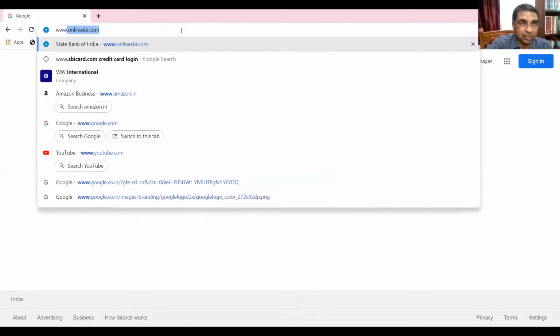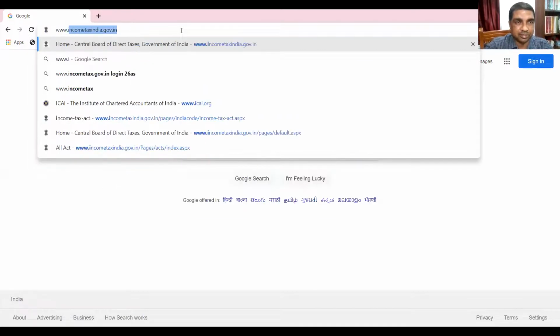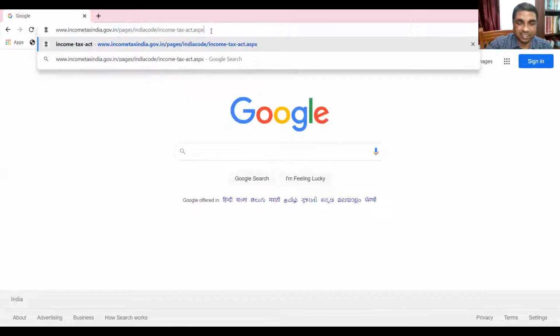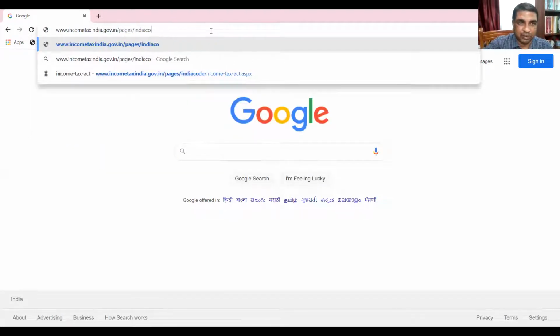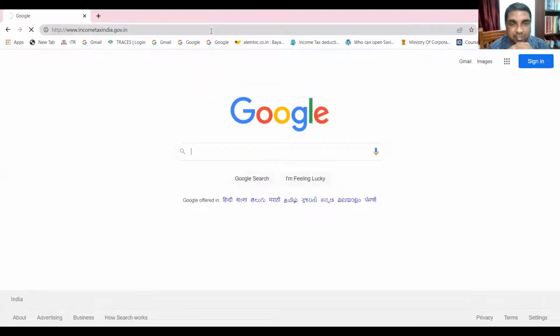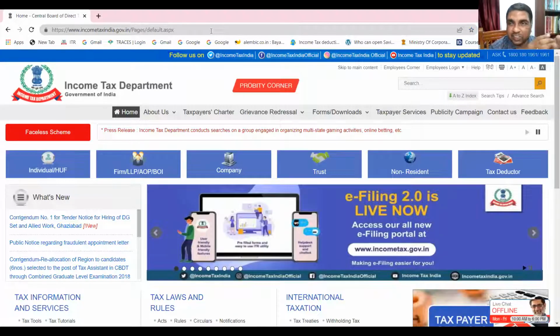Please tell me, what is the website address? www.incometaxindia.gov.in. I'm taking you to that place, because our intention is to see what is section 5.